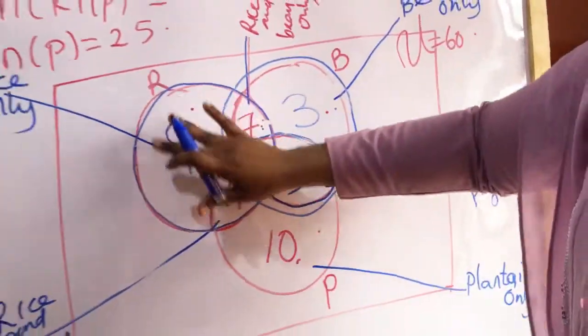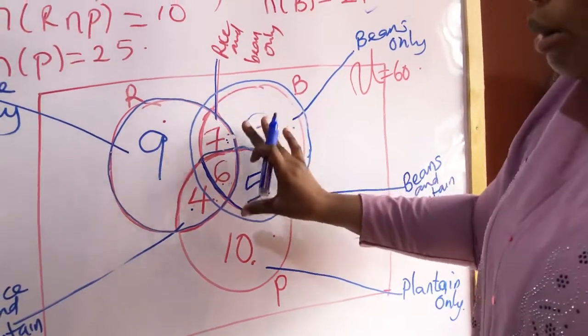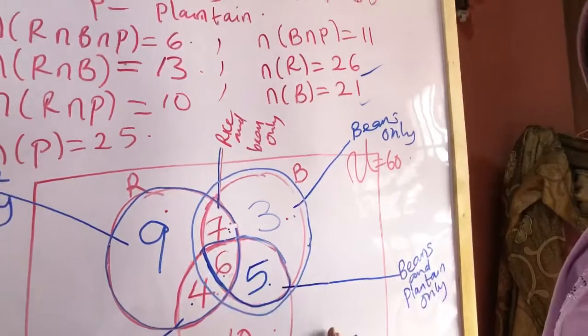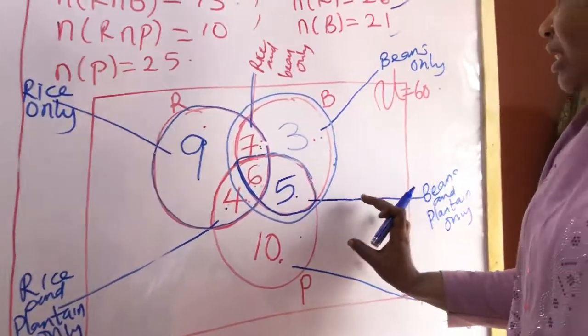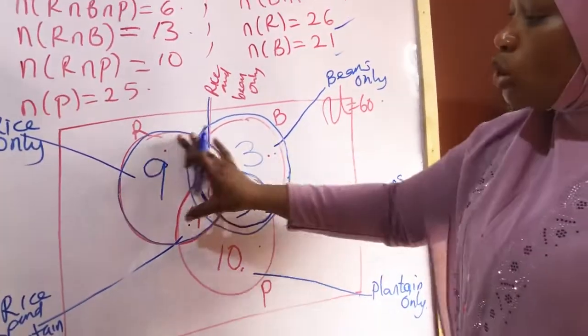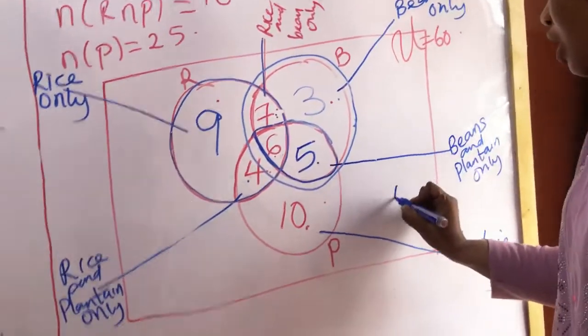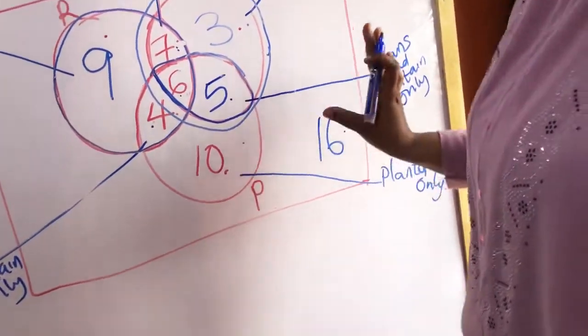Everything here is R union B union P. So (R union B union P) prime will be those numbers that are inside the universal set but not among R union B union P. So here is 16. Those that like none of the food, there are 16 people.